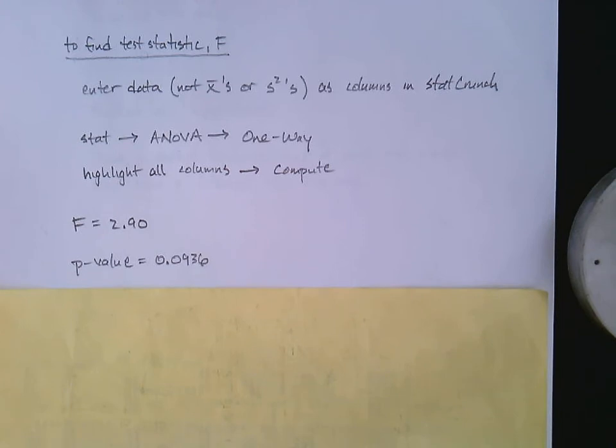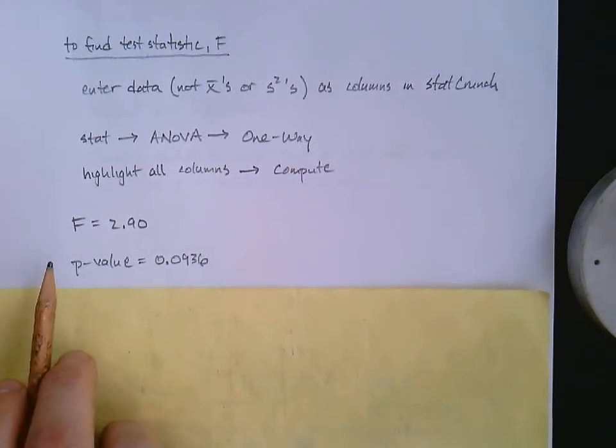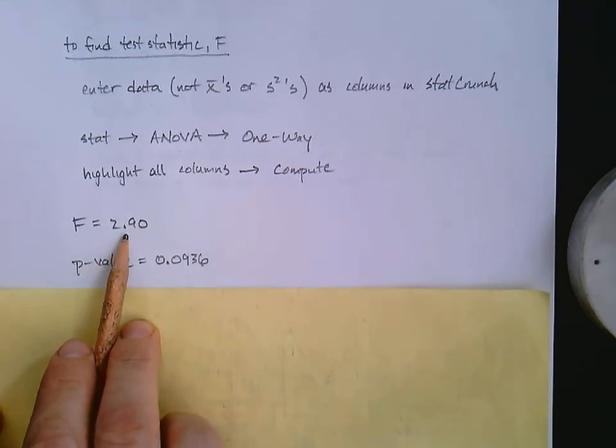So we're taking all this into account. We're saying, okay, I see what those sample means are, but I also see the variances. And again, the formula to do all the calculations is fairly complicated. Obviously, StatCrunch is doing that for us. But it came out with an F of 2.9.